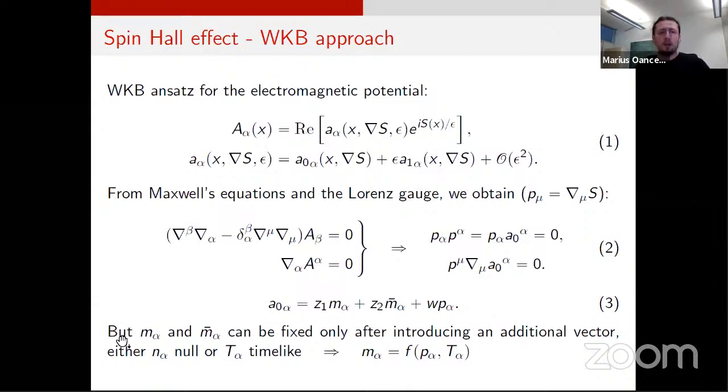Okay, but now in order to be able to fix M and M bar, we need to introduce some additional structure. So it is not enough to use just that A is orthogonal to P. We need to introduce either another null vector N or another time-like vector T. So in this sense, M and M bar will always be functions of P and the time-like vector T. Okay, so this is already anticipating to some extent the role of the choice of an external observer.